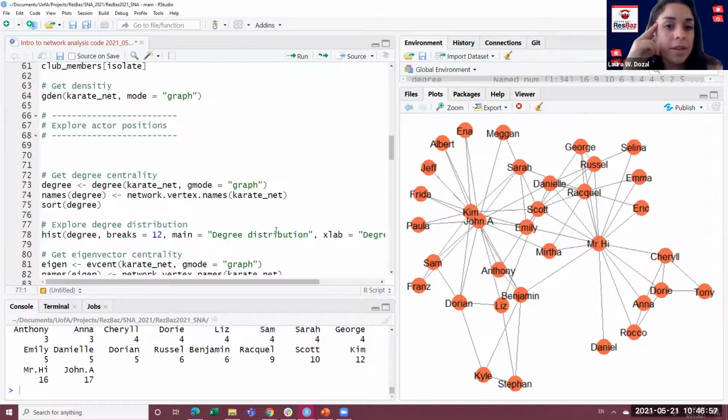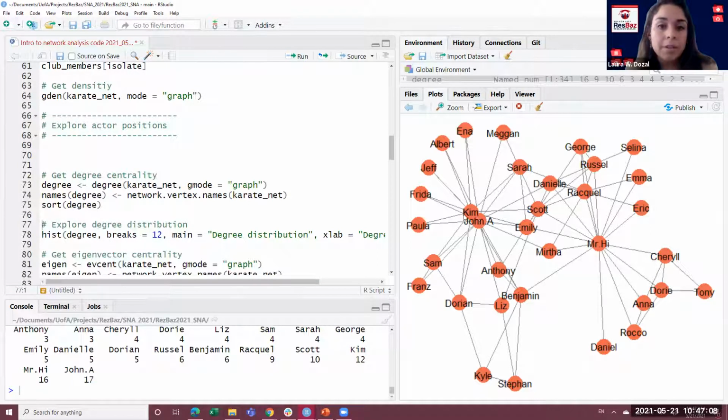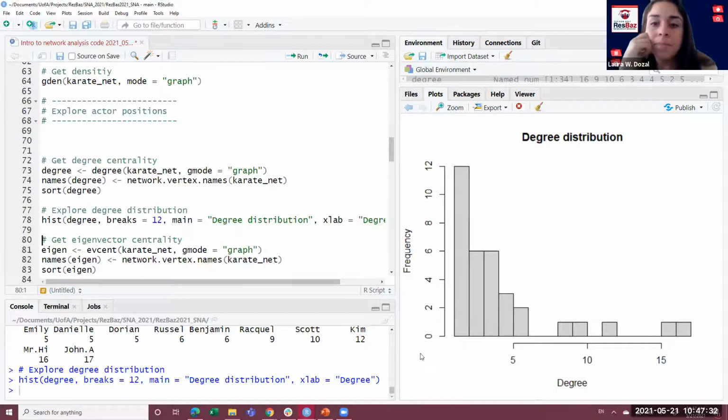Yeah, so just a clarification: the higher the degree, the more people the actors are connected to. And we can look at a histogram distribution of our degree network. Here we want to break it up by 12. This is just the title and the x-axis, and we're looking at our degree network.